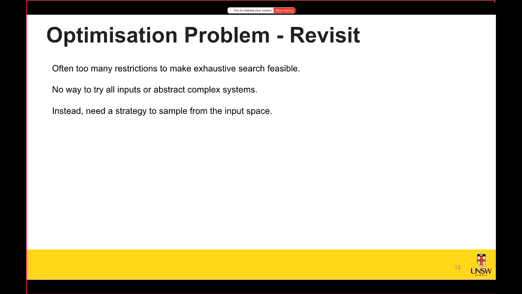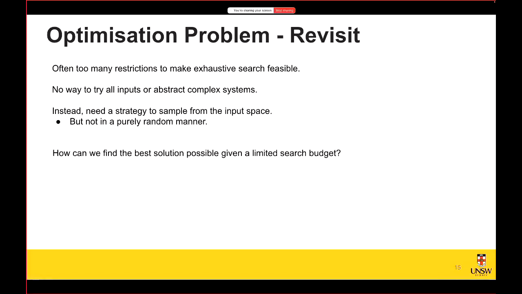So we need a strategy to sample some good inputs from the entire input space, but we don't want to do it randomly. So the question becomes, how can we find the best possible solution given this limited budget, right?